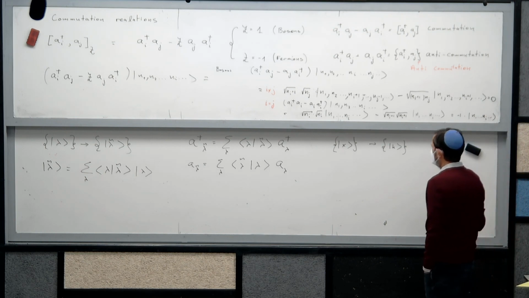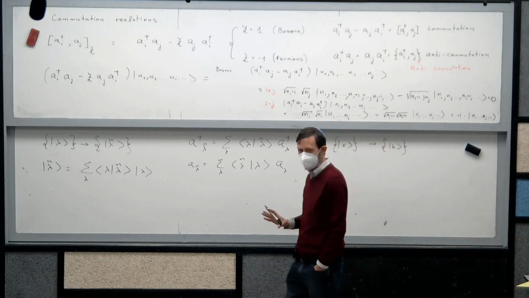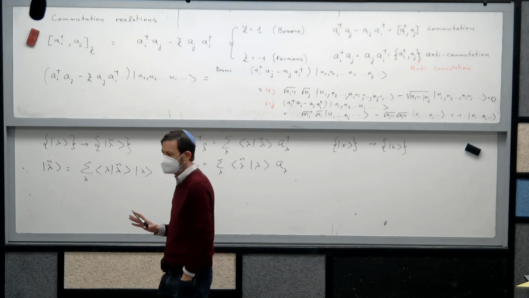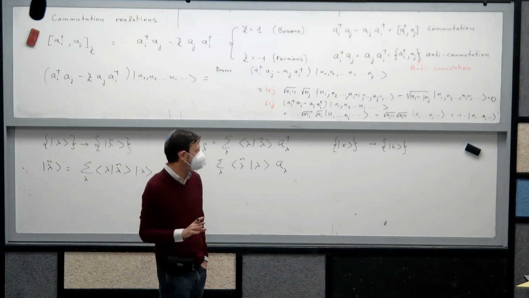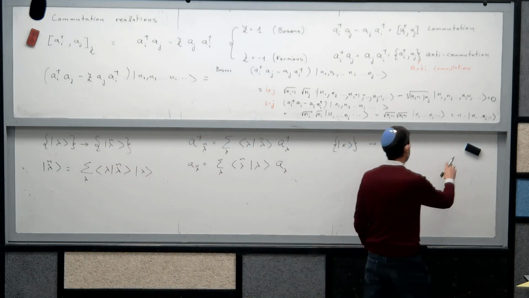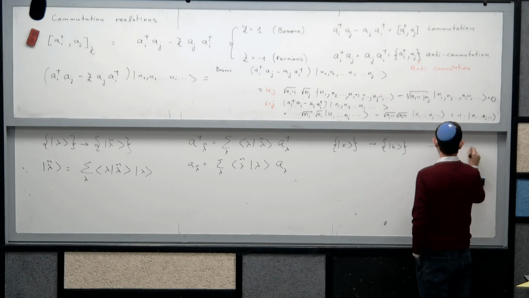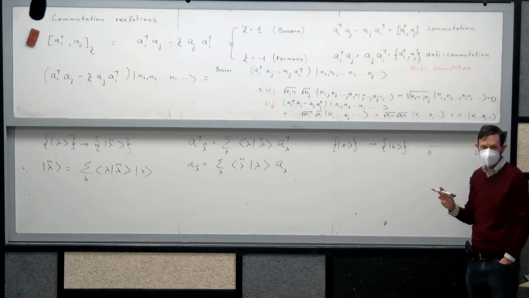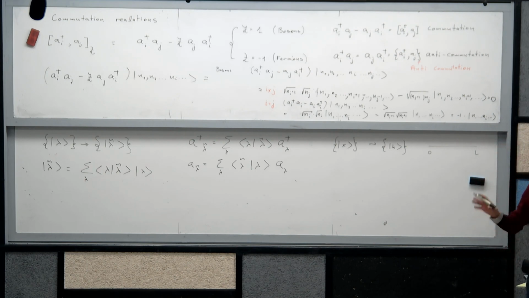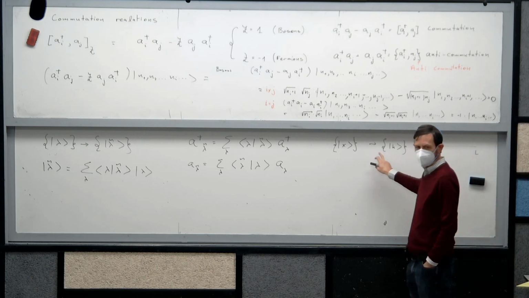And just for concreteness, I'll assume that we are dealing here with a finite region between 0 and L. Can always at the end take L to infinity. The reason I'm doing it is because what will happen to K in this representation?